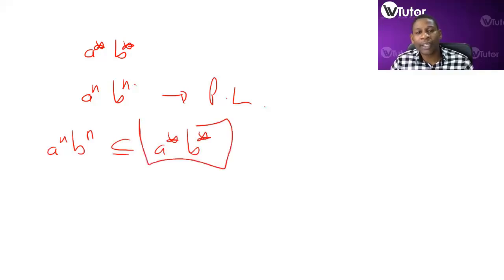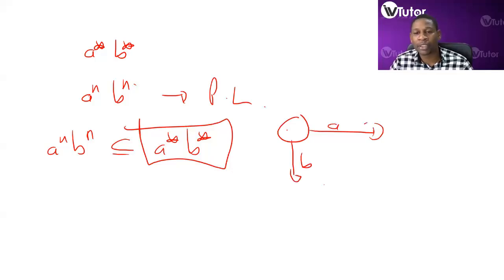I can draw the finite automata for this, and it will be: you can have a's and you can have b's leaving. If you start with b's, you can have b's only, and b's only. The initial state can also be the final state.